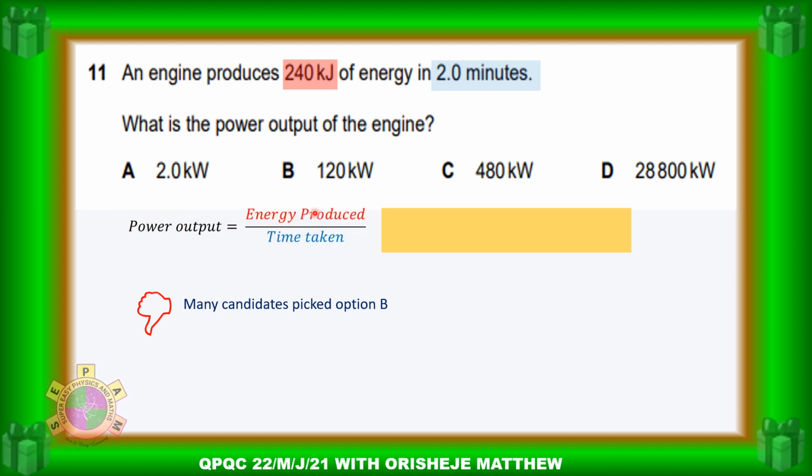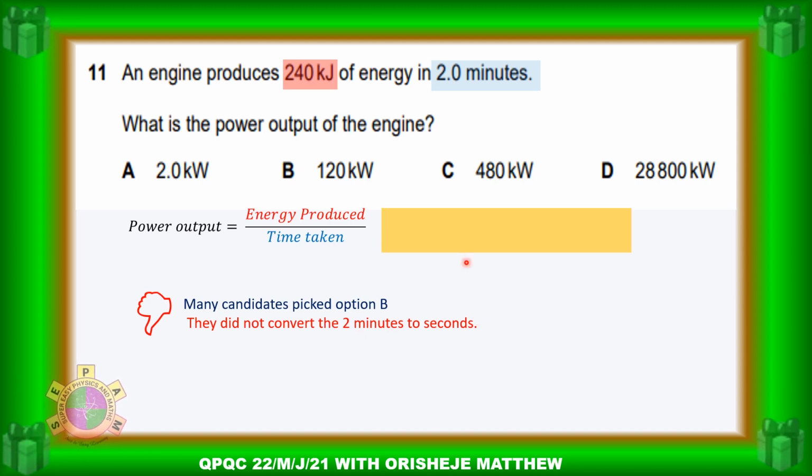They just divided the energy produced, because power is equal to energy produced divided by time taken. So they didn't convert the 2 minutes into SI units. If you divide 240 kilojoules by 2, it will give you 120 kilowatts. So that is why most students fail that question. They did not convert the 2 minutes to seconds.